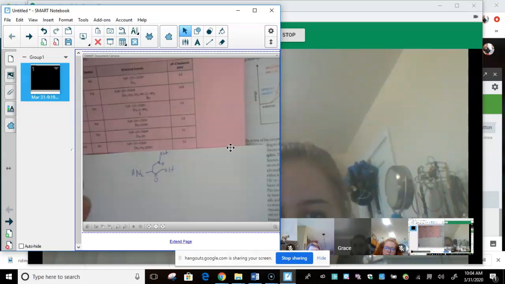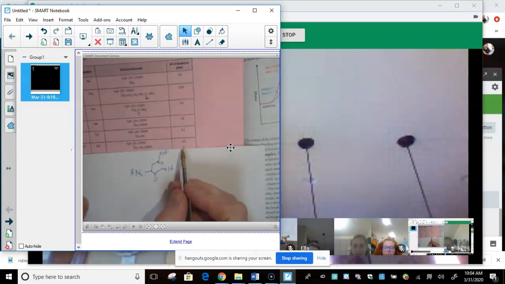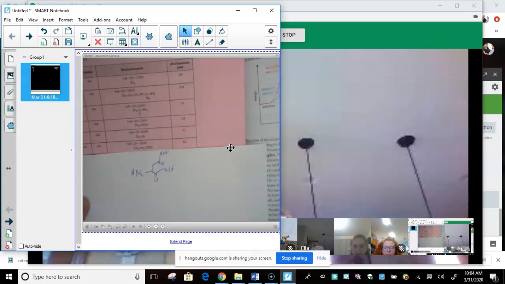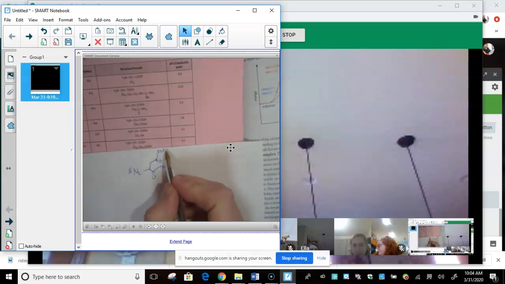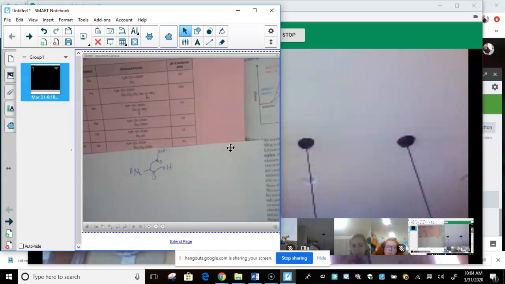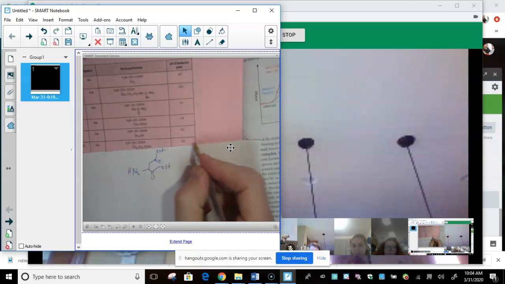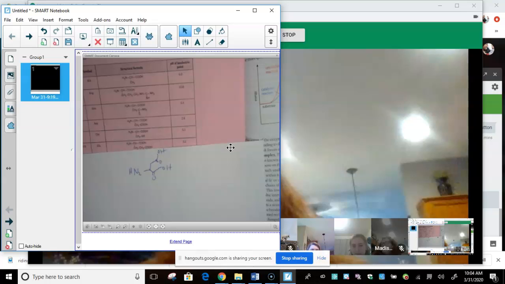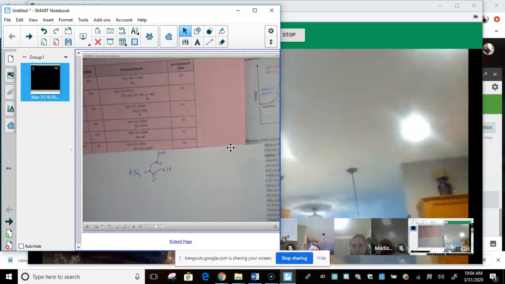So anything below 3.2 is this, above 3.2 is that. I'll give you a hint. Probably a lower H plus? It's going to be a lower, yep. So if it's less than 3.2, it's a high H plus environment, because it's acidic. And if it's higher than 3.2, it's going to be a lower H plus environment.